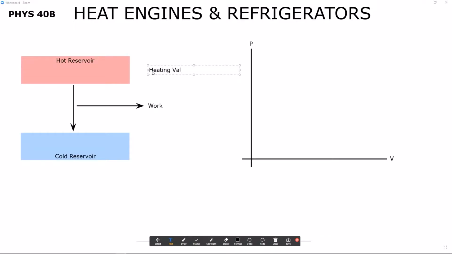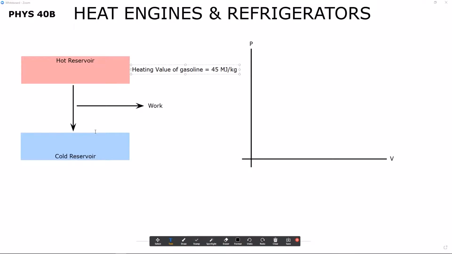So a heating value of gasoline, and it's about, I think 45, somewhere in the 40s megajoules per kilogram. So what that means is if you were to combust 1 kilogram or 1 liter, approximately the same thing, of gasoline, you would get 45 megajoules going from the hot reservoir to the cold reservoir. So the hot reservoir is just the chemical energy in the gasoline.